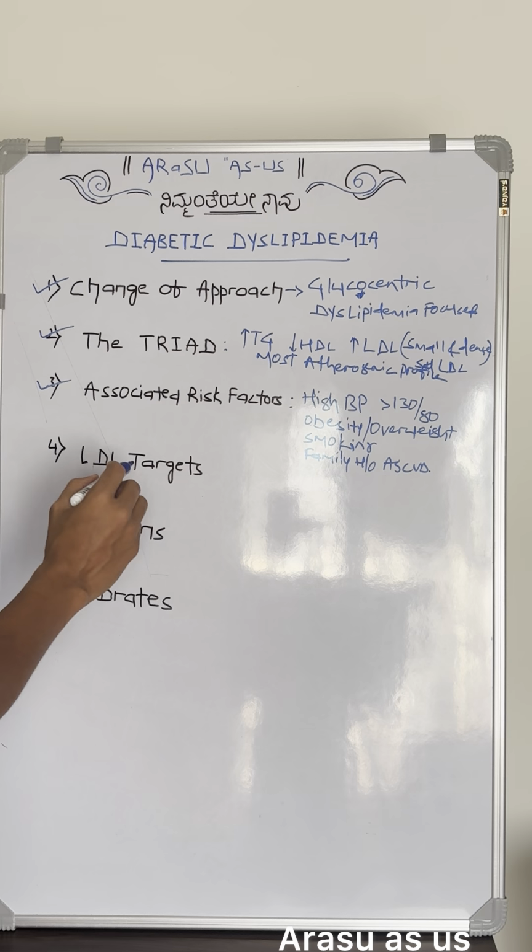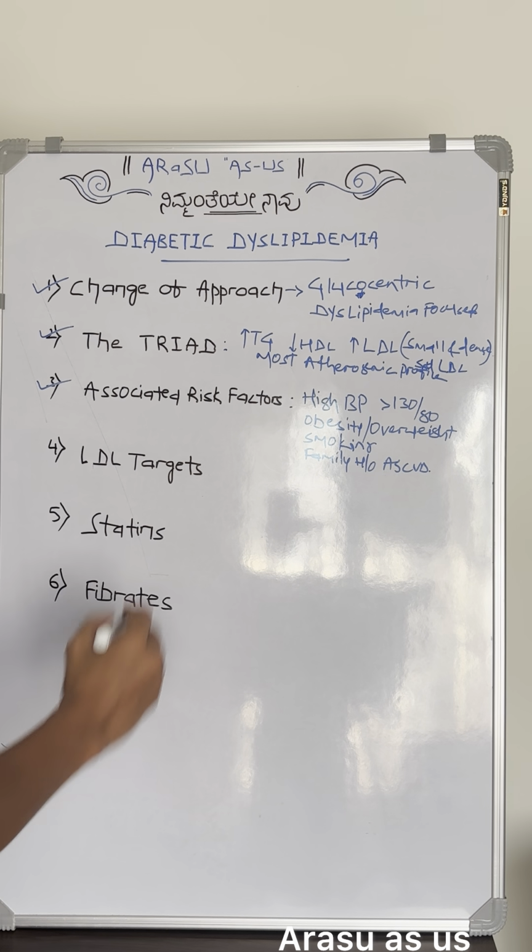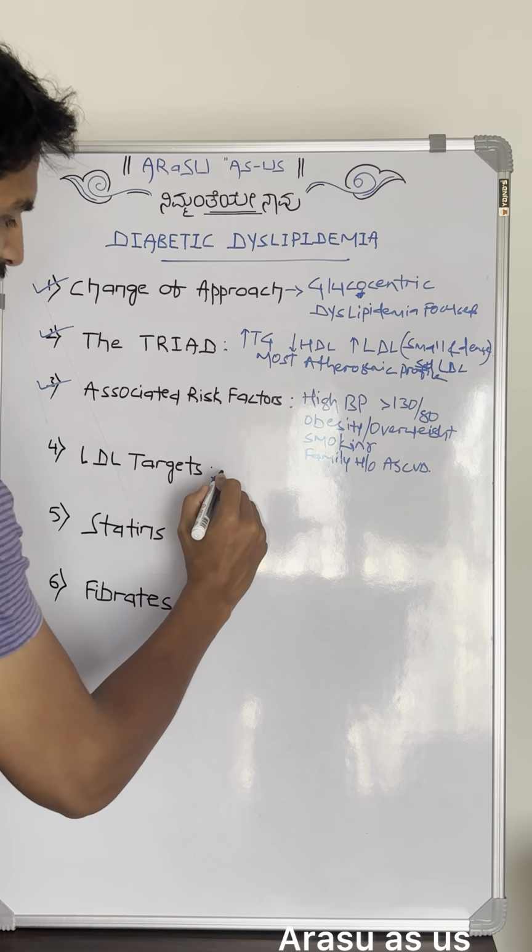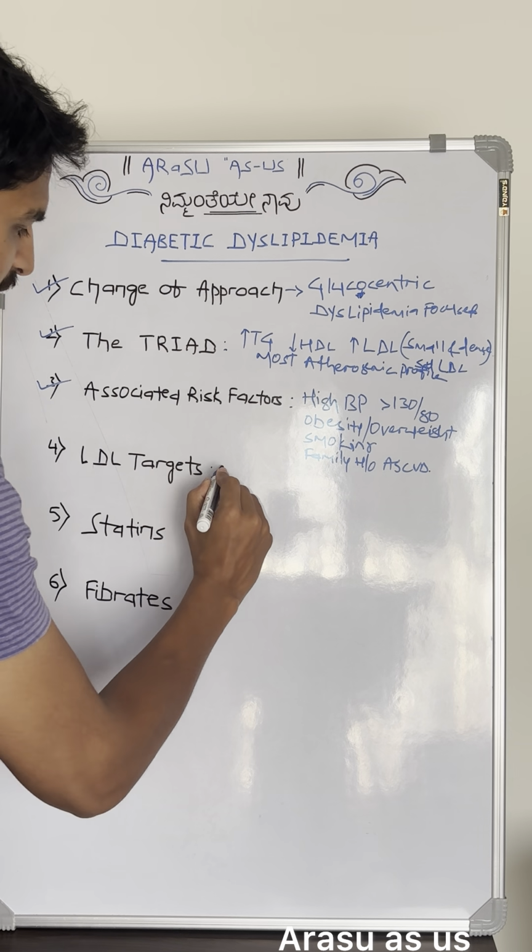Coming to the fourth one, that is what should be the target when we are considering treatment of dyslipidemia. If the individual is diabetic with no risk factors, then the target of LDL should be less than 100.